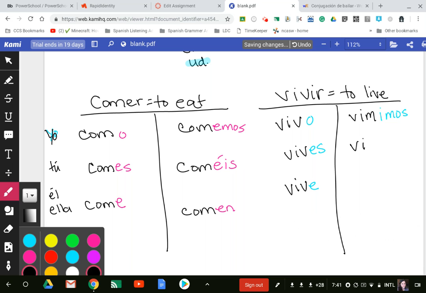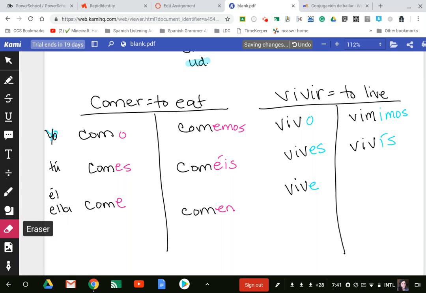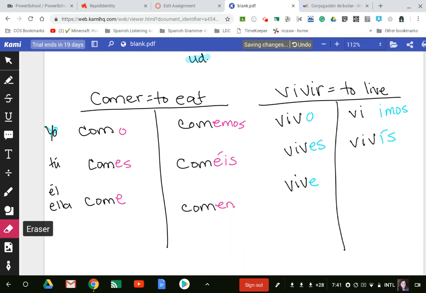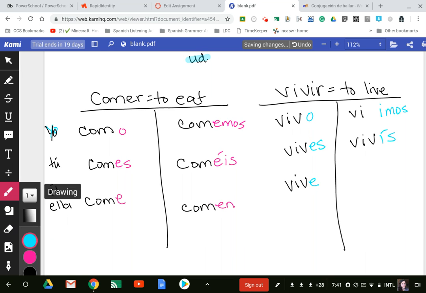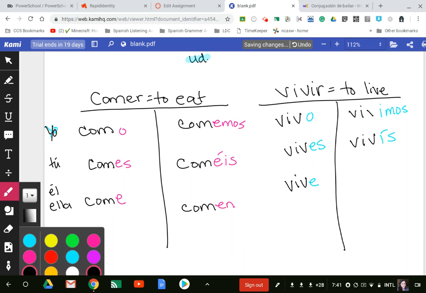Vosotros, vivís. And I just realized I put an M there. Apologize. That would actually be a V. Vivimos. And ellos, viven. So, guys, this is how you conjugate these verbs.